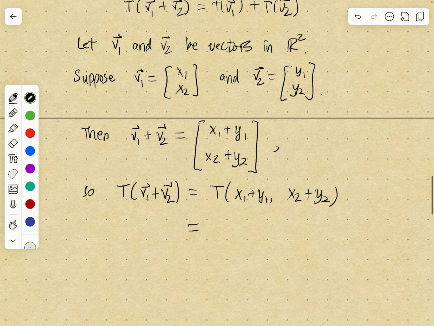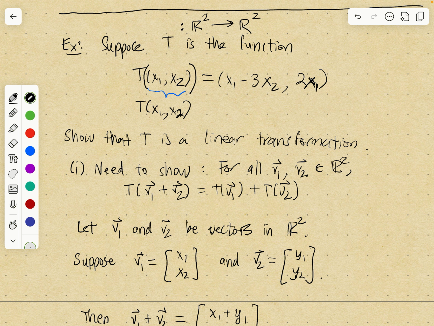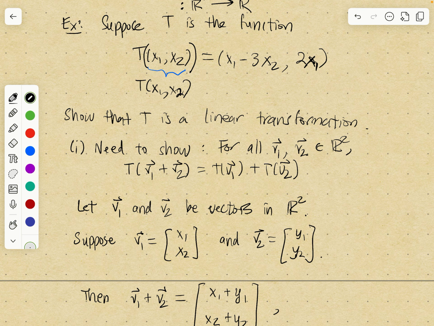Well, now we need to use the definition of T, right? In this problem, you're told what T does to your vector. Now notice that in this notation, your x1 and x2 are the first and second components of the vector. So the output of T has two components. The first one is x1 minus 3x2, the second is 2 times x1.